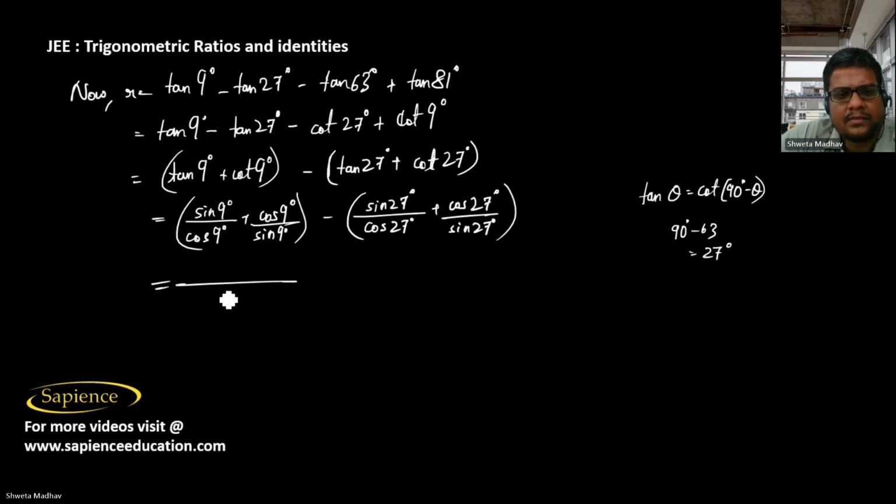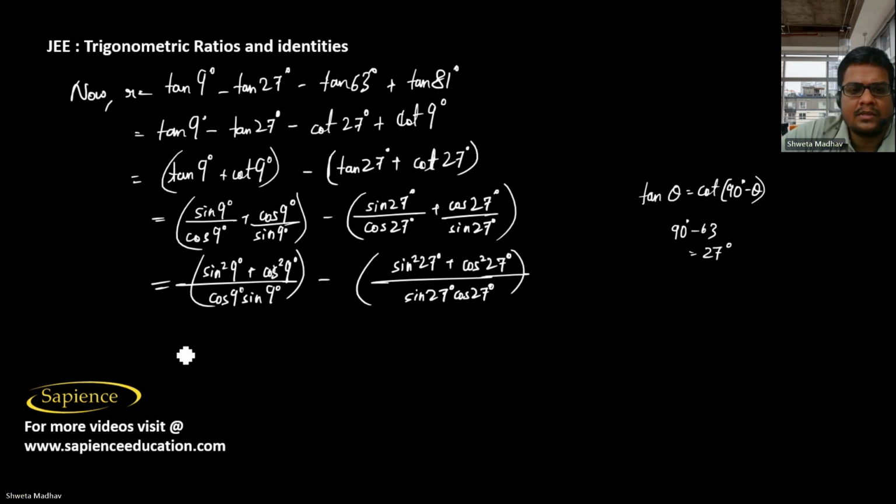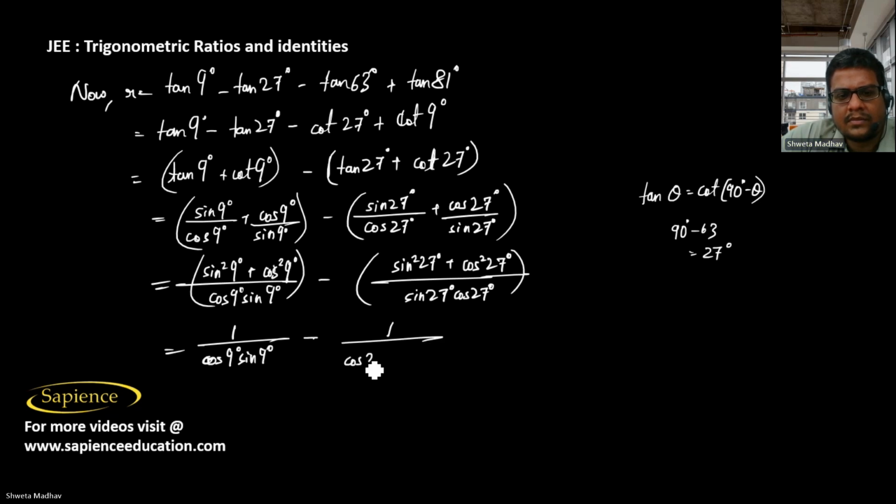So this will be cos 9 degree into sine 9 degree, this will be sine square 9 degree plus cos square 9 degree, minus sine 27 degree into cos 27 degree, this will be sine square 27 degree plus cos square 27 degree. So sine square theta plus cos square theta is 1. So 1 by cos 9 degree into sine 9 degree minus 1 by cos 27 degree into sine 27 degree.